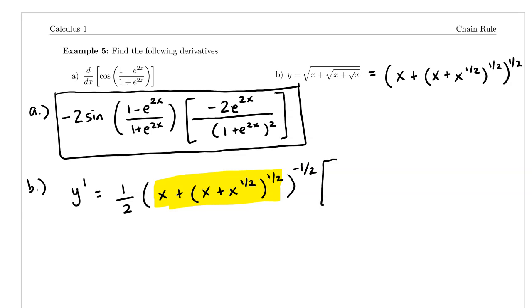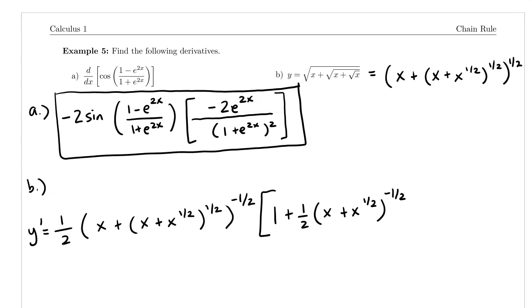I'm going to multiply this by the derivative of x, which is 1 plus, now at this stage, I'm taking the derivative of this thing here. So I'm going to need to use the power rule. I have 1/2. I'm keeping the inside the same, x plus x to the 1/2 power, and then I'm decreasing that exponent by 1.